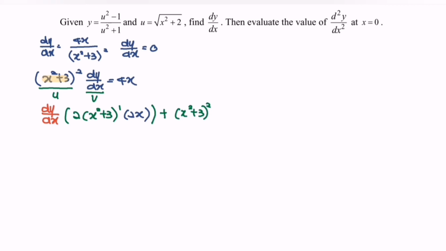Differentiate the v, we will have the second derivative, which equals 4.